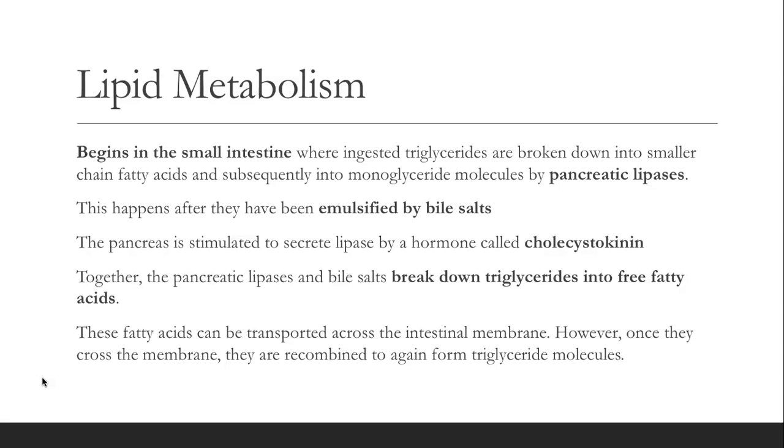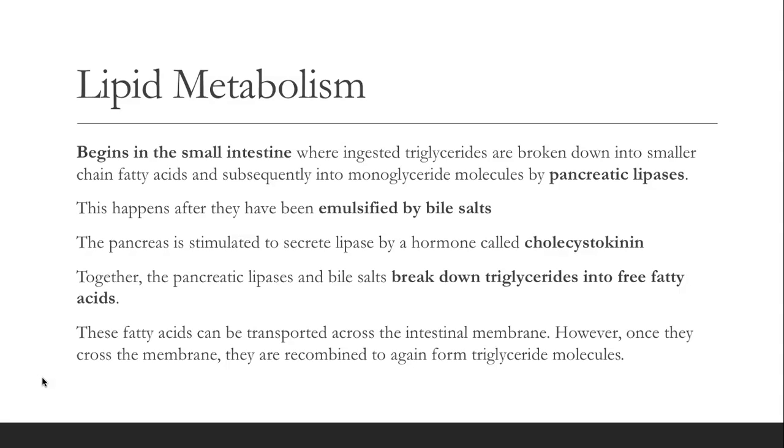Lipid metabolism begins in the small intestine, right? Because we don't have any enzymes that are going to be digesting these before we get into our small intestine. We get these ingested triglycerides that are going to be broken down into smaller chains of fatty acids and then subsequently into monoglyceride molecules by pancreatic secreted lipase.